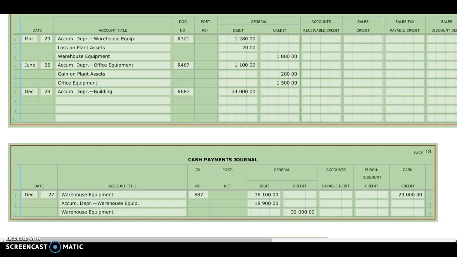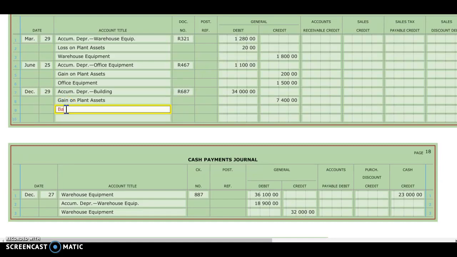So the book value of the building and the land together when I sold it was 266,000. And I sold it for 273,400. So I'm going to find the difference between those two numbers. I sold it for more than it was worth, more than the book value. So that means that I had a gain. So I'm going to go ahead and put my gain on plant assets. That's going to be a credit. And I'm going to credit that for the amount, which was 7,400.